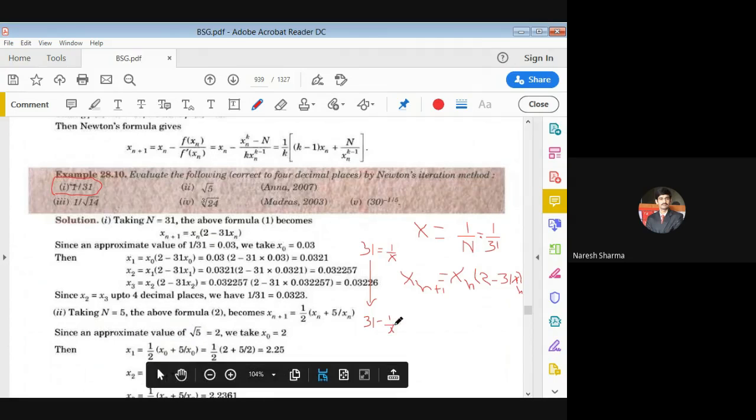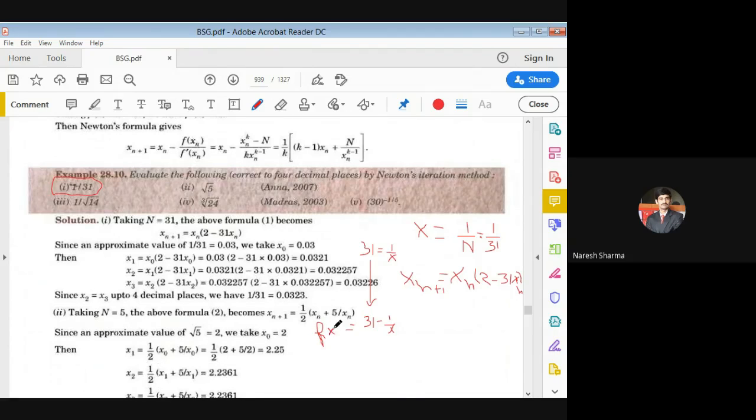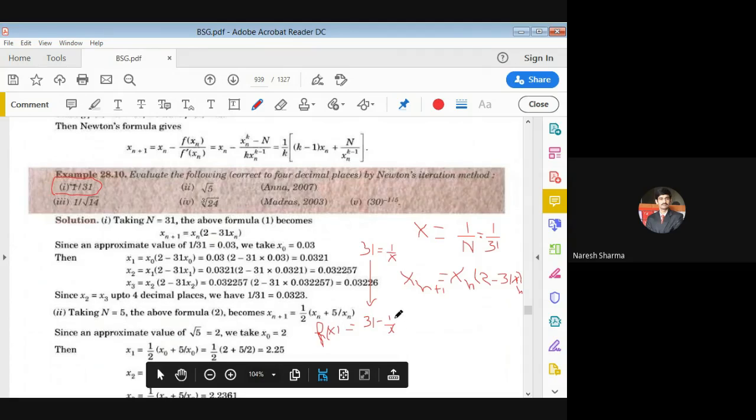We have done this. So you just put some values here. If you put the smallest value 0, you don't put 0 here. We will put 1, right? So when you put 1, it gives you 30.